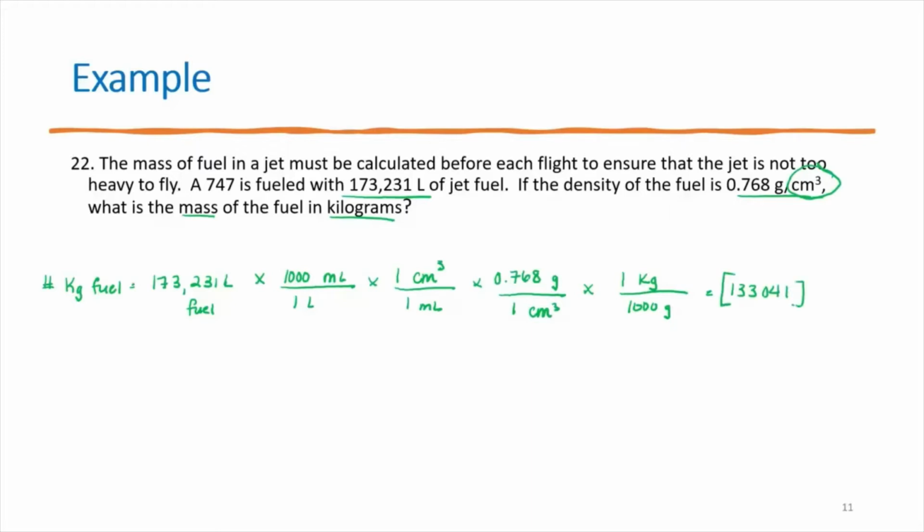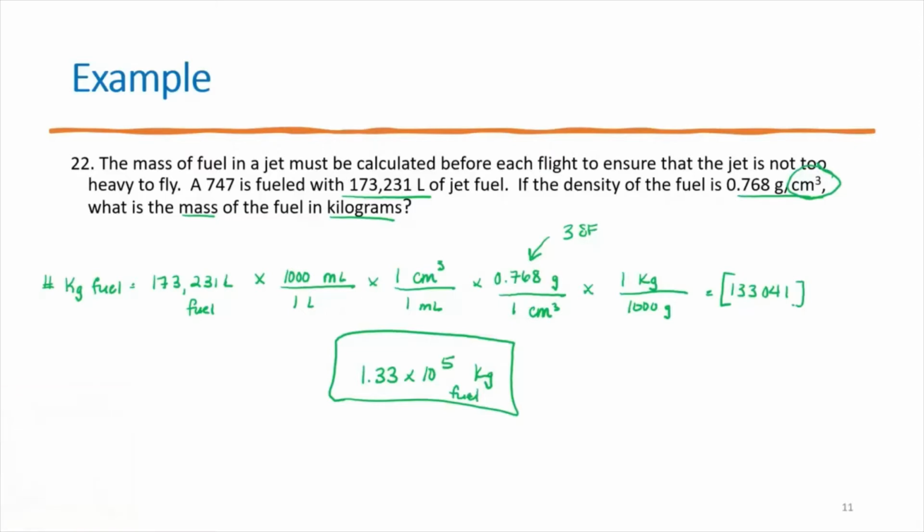We need 3 sig figs in our final answer, which is limited by our density. So our final answer will be 1.33 times 10 to the 5th kilograms. I have 1.33 times 10 to the 5th kilograms of fuel.